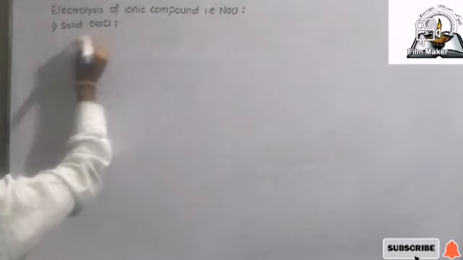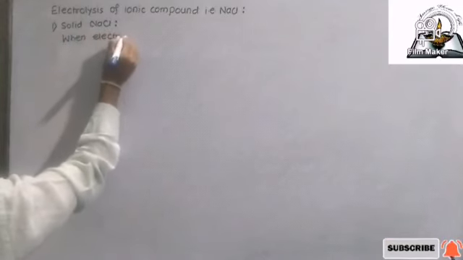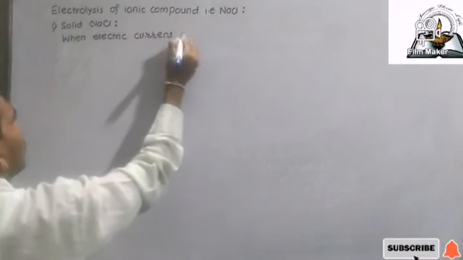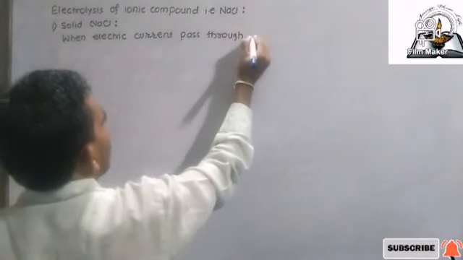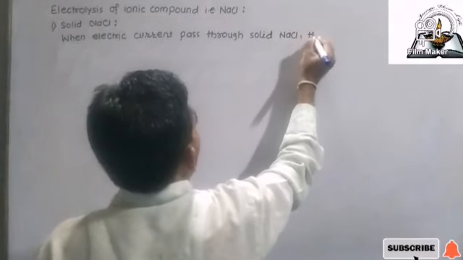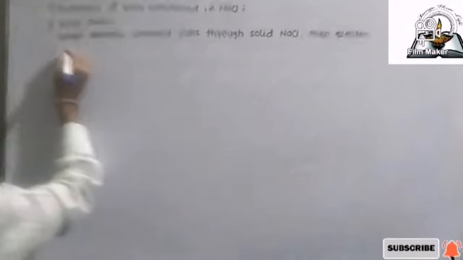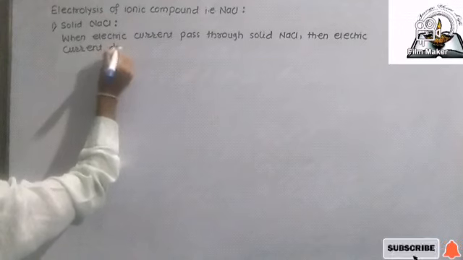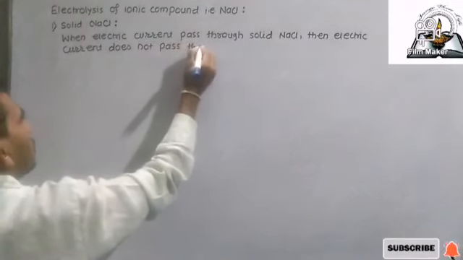So we can write that when electric current passes through solid NaCl, then current does not pass through it.